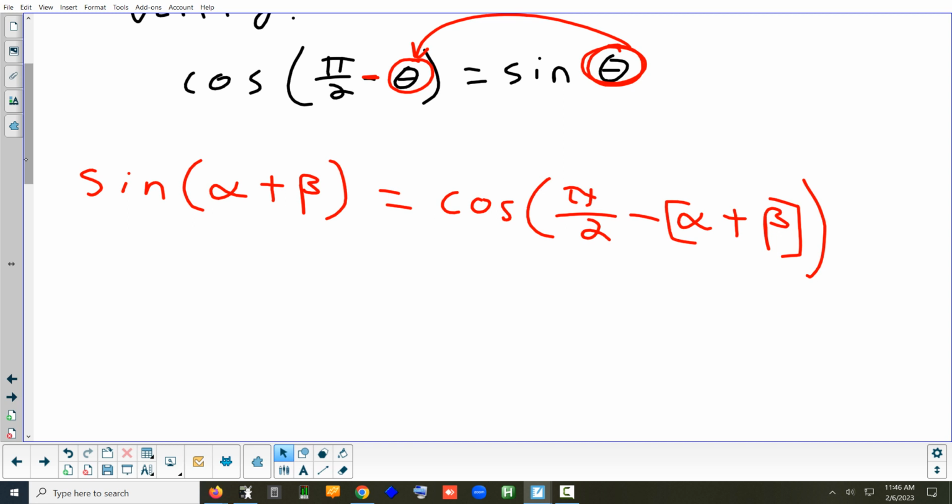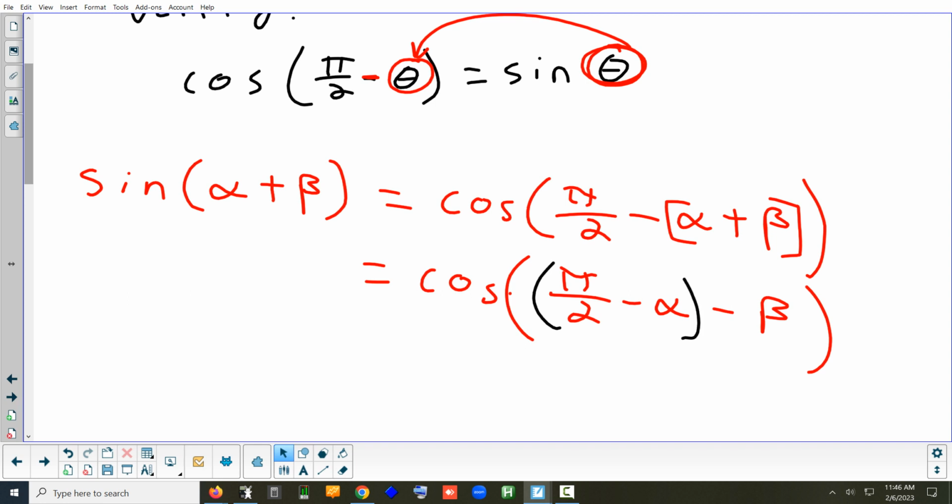Let's think of it like this. So we have pi over 2. Tell me if this would be the same thing, if you thought of it this way. Is that the same thing?